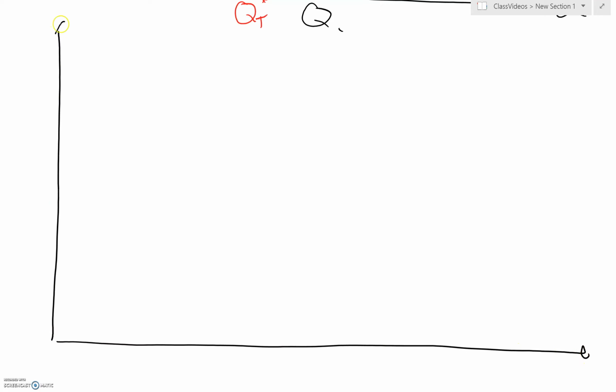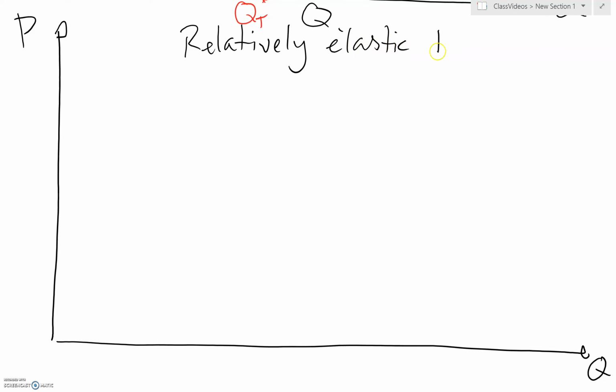Let's start out with our first diagram here. Price and quantity, and we're going to have relatively elastic demand.